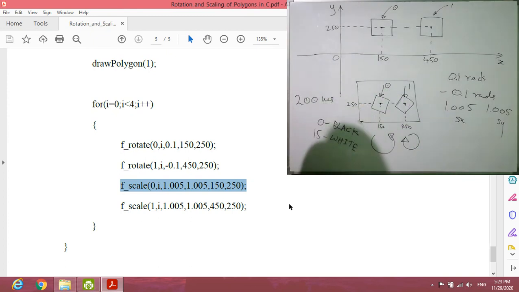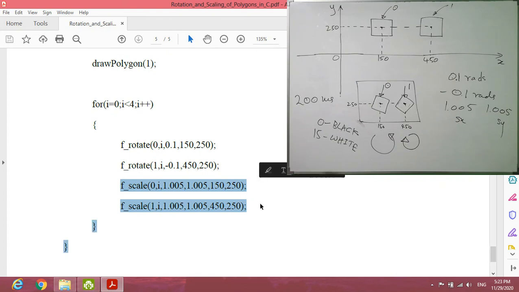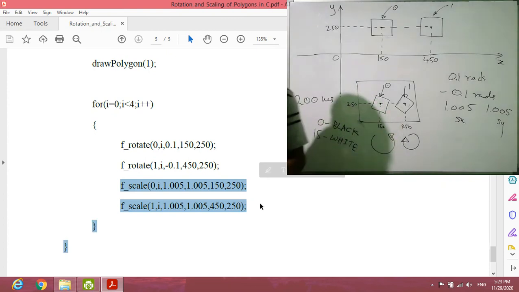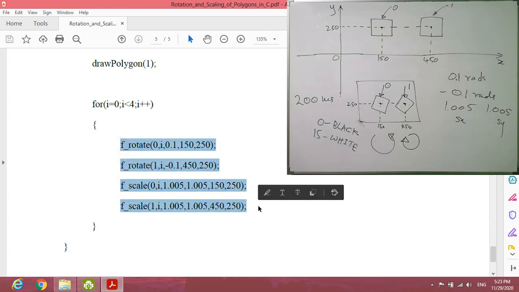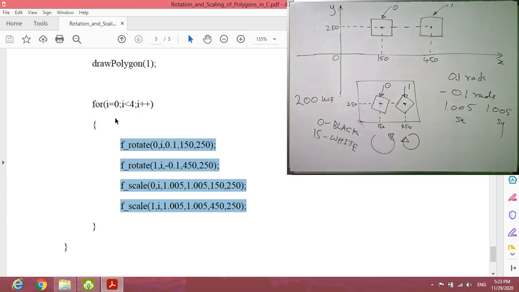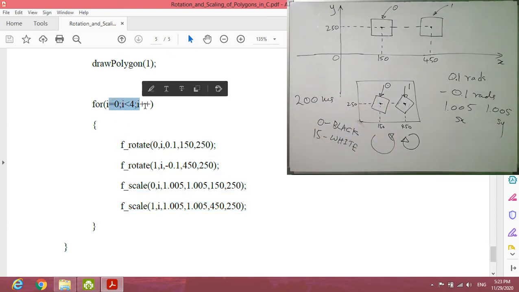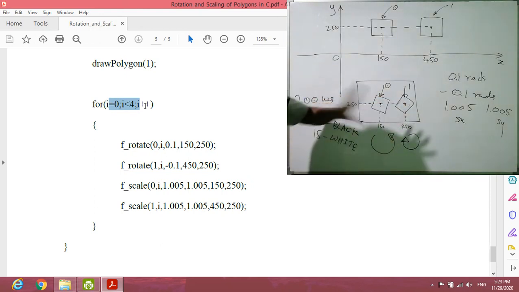This one also we perform the same scaling. In one particular iteration we apply the operation to a single vertex, but since we apply the same process to all four vertices, you will see it like this.